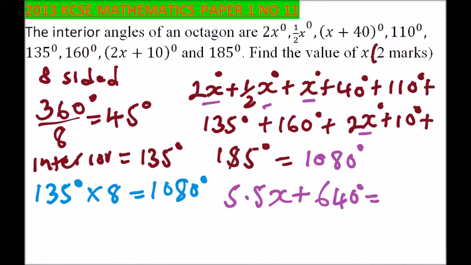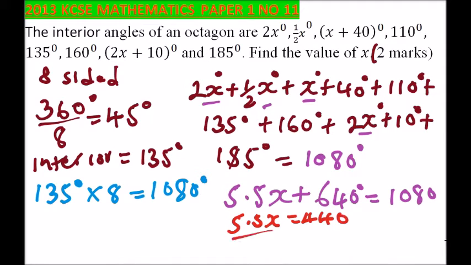So this is equal to 1080. You subtract 640 from 1080, then you should get 5.5x is equal to 440.